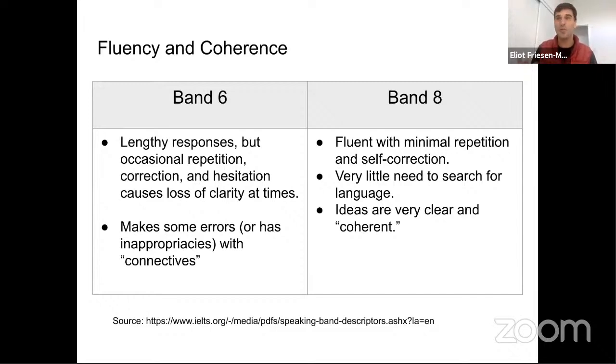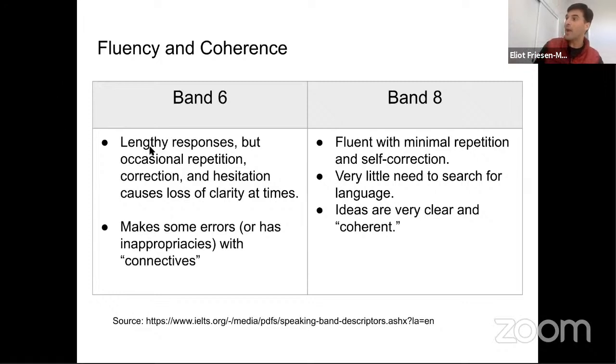And so what do you do? Well, you rely on other words that might be similar to the word that you are trying to say. But anyway, in all that time that you are spending thinking about what to say, or maybe it's a grammar, you're not quite sure how to formulate the grammar of what you're trying to say, you lose fluency. Okay, and so that's what we're thinking about here.